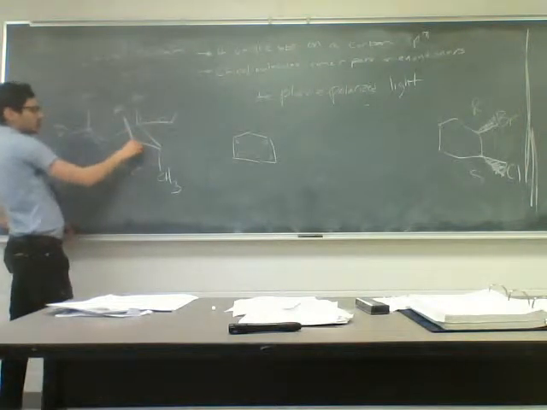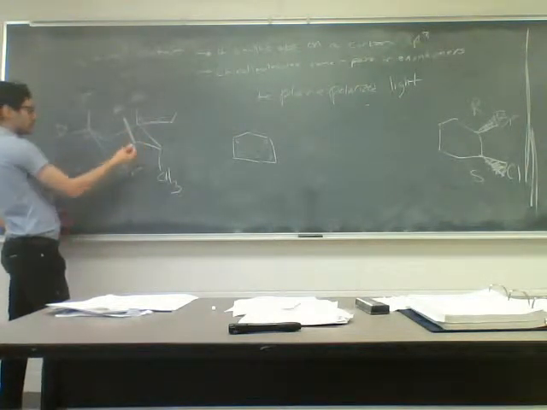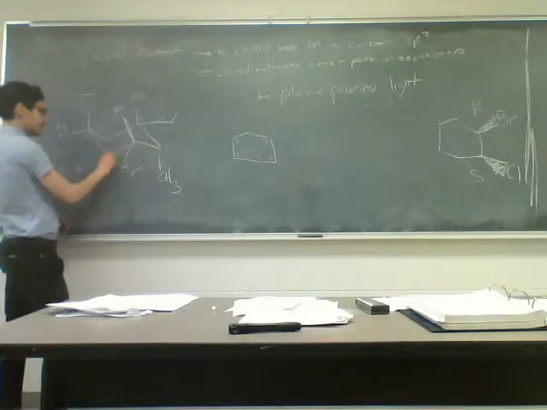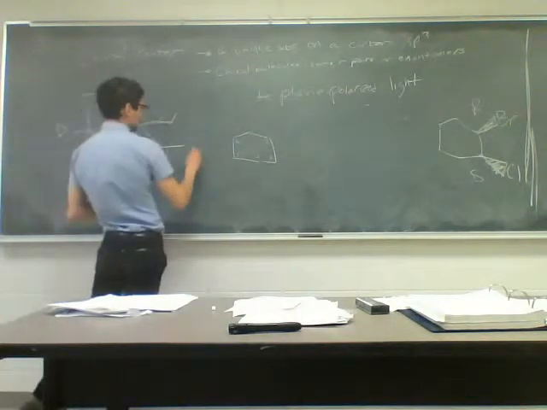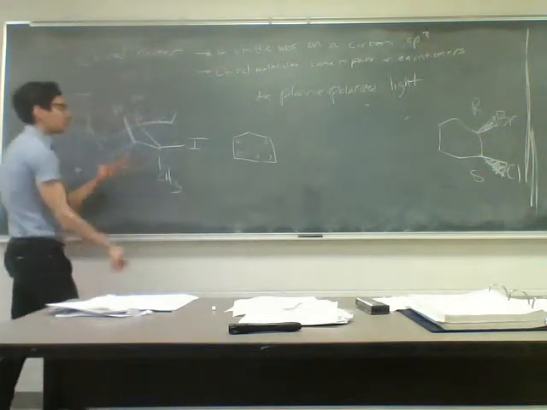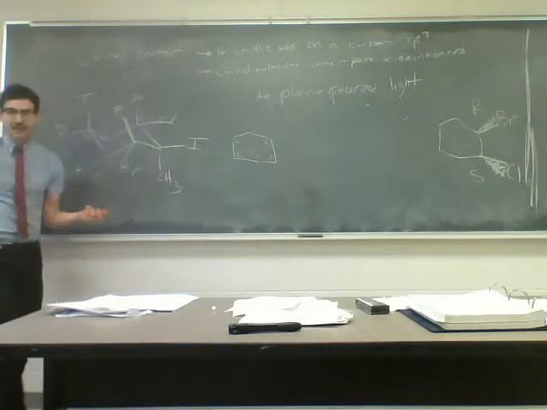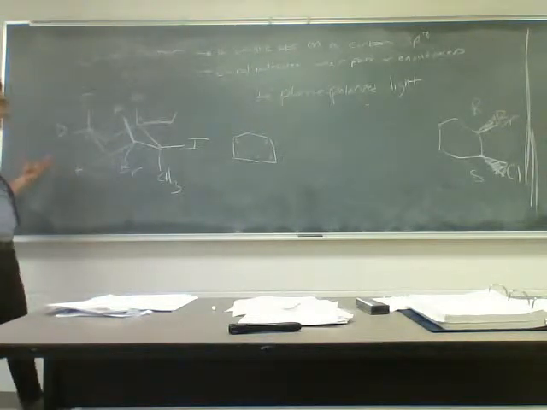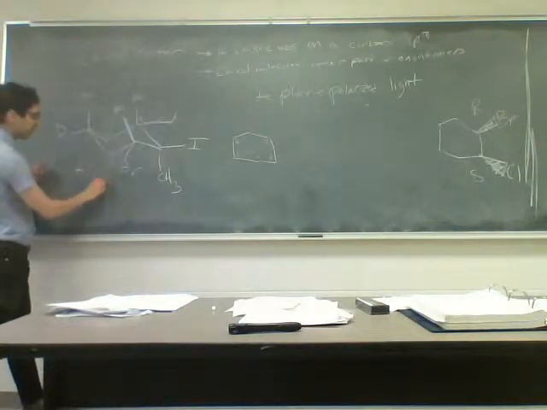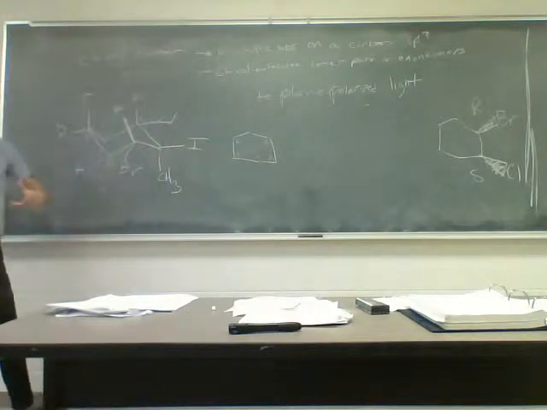On carbon number 2, I didn't draw any, so let's put an iodine there. Here, our iodine is higher up than our CH3. In some of the other ones where I didn't draw in all the substituents, this fluorine is higher up than this axial hydrogen that I didn't draw in.